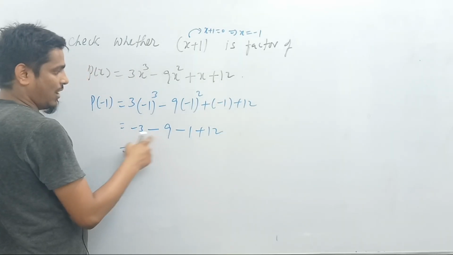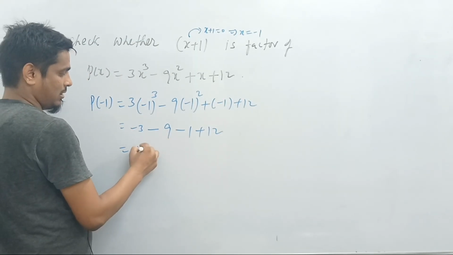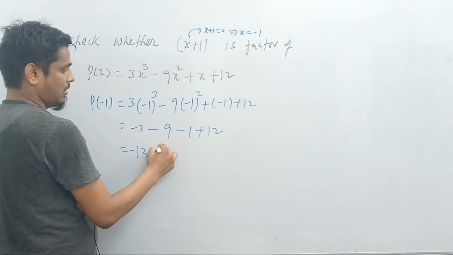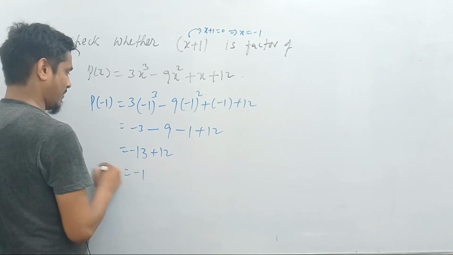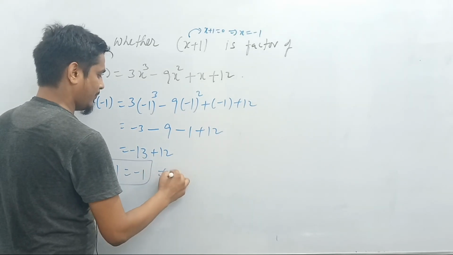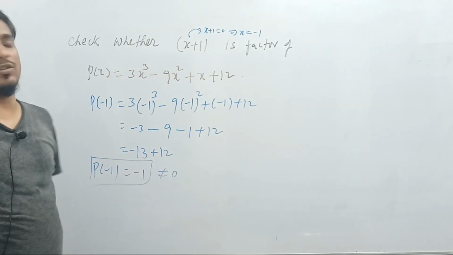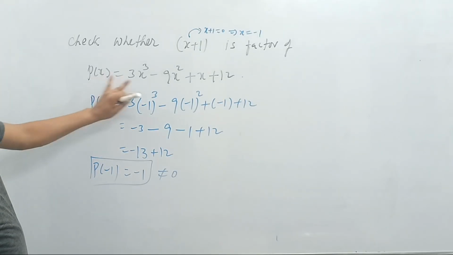When we add all these, 9 and 3 is 12, minus 1 is minus 13, plus 12, which is equal to negative 1. So P(-1) is equal to negative 1, which is not 0. It means x plus 1 is not a factor of this polynomial P(x).